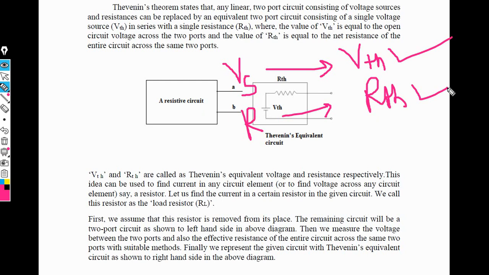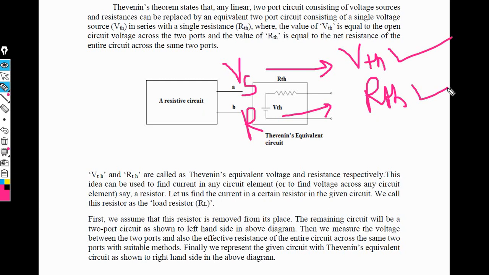Here we use a resistor called the load resistor, R. We also need the voltage source parameter and the resistance parameter. The single voltage source can be replaced by a single voltage source VTH, and the single resistance can be replaced by a single resistance RTH.